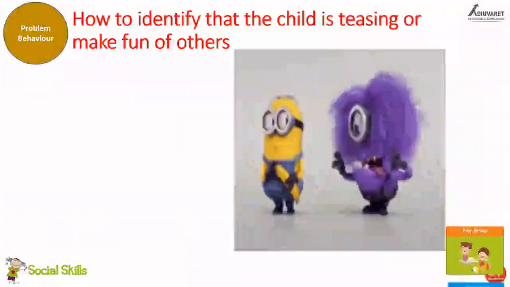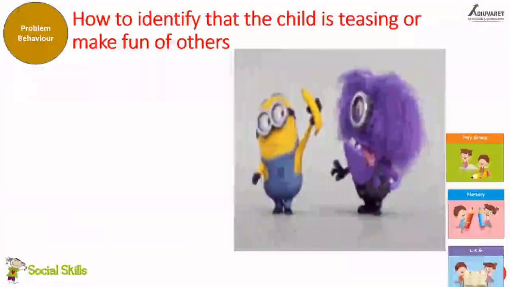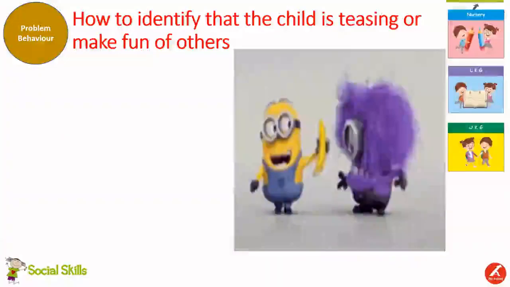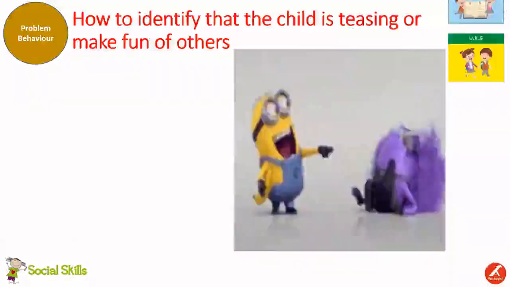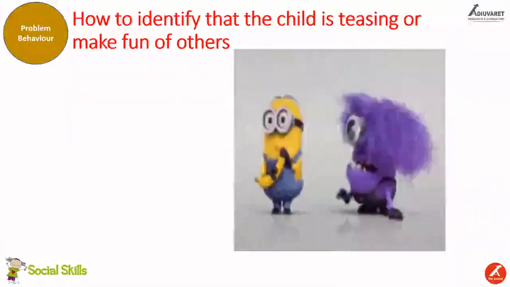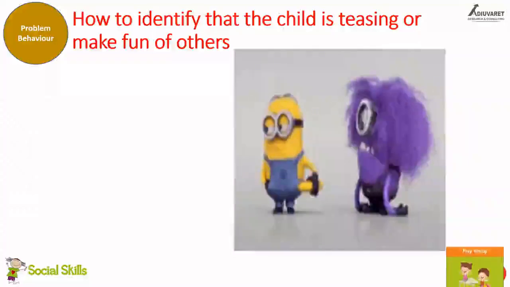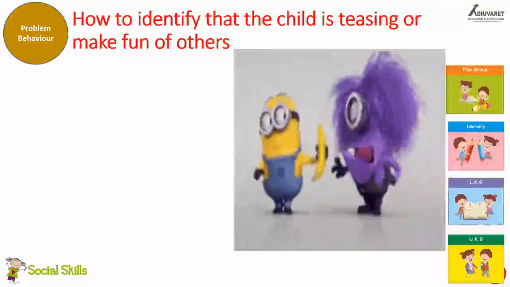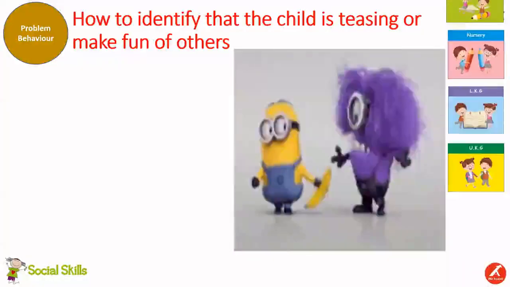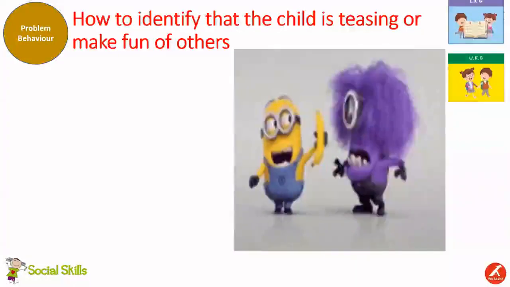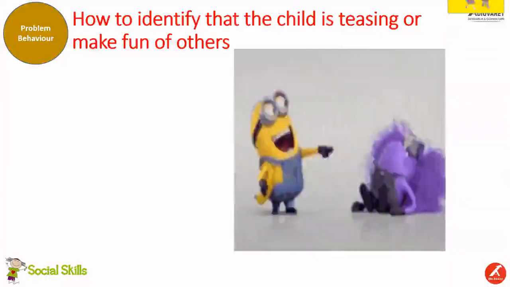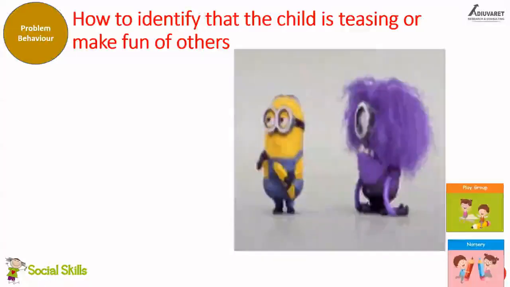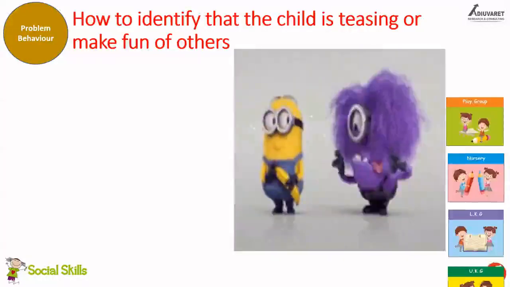So now, as usual, for any caregiver, parent or teacher, the important thing is how do we know that our child is having such problematic behavior? If our child teases or makes fun of others, sometimes we are so engrossed in daily activities that we often forget or neglect such behavior in our child.